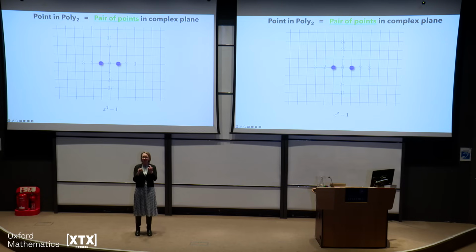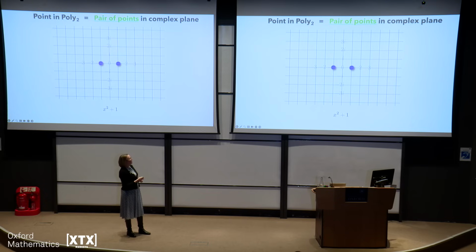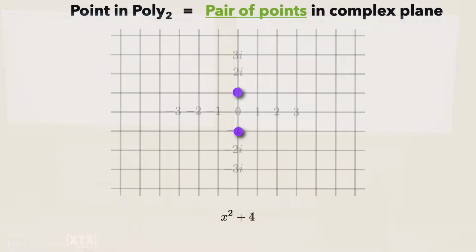The pair together is 1 point. Okay? I named these two, and I've named this monic polynomial. So if I change that to x squared plus 1, I get a different point in poly 2. I get a different pair of points in the complex plane.